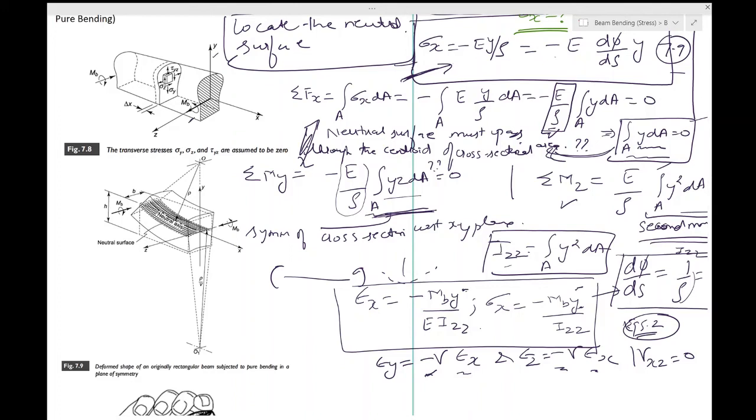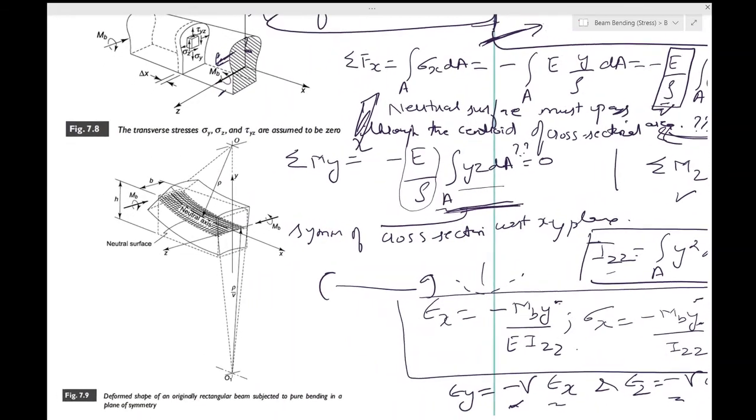Since the axial normal strain is compressive at the top and tensile at the bottom, the top of the cross section expands. So epsilon x will contract clearly, but epsilon z and epsilon y, they will expand. Okay, the deformed shape of an originally rectangular beam is shown in figure 7.9.